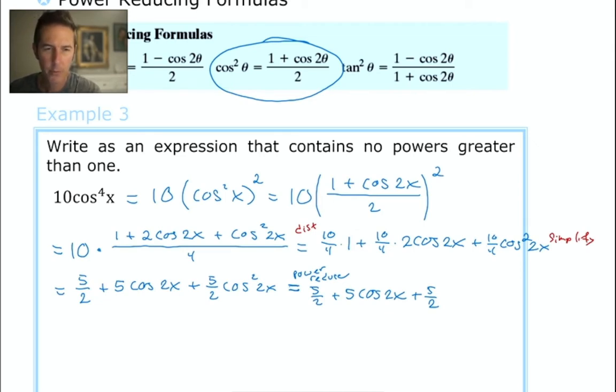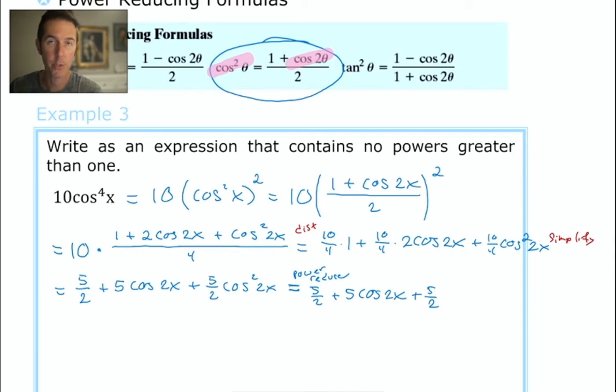When we power reduce cosine squared 2x and use the power reducing formula, come up here to the top of the screen and look at this power reducing formula with me again. Notice that this angle measure says theta, and this angle measure says 2 theta. So what we did is we doubled the angle measure when we power reduced. We went from a trig function that's being squared to a trig function that's only to the first power.